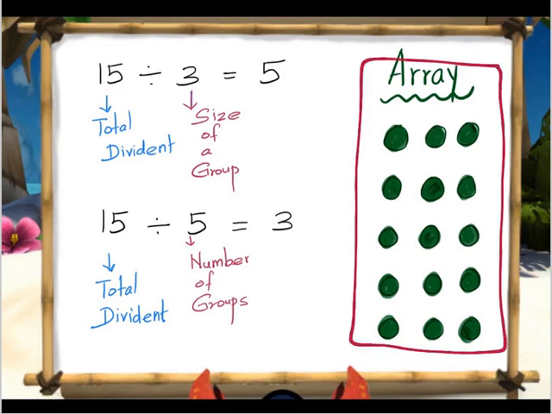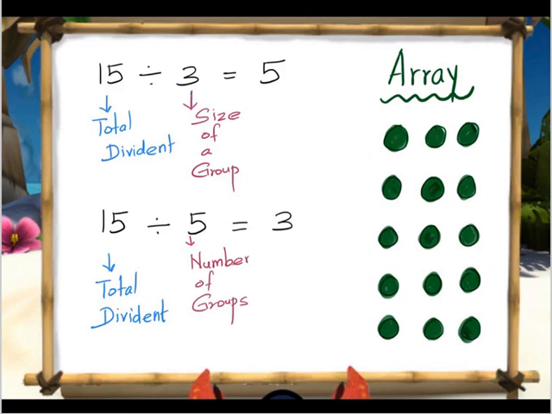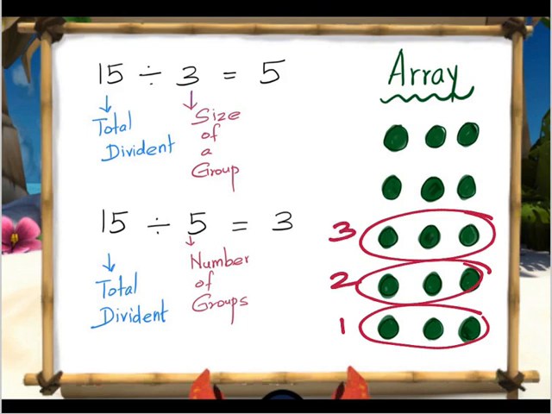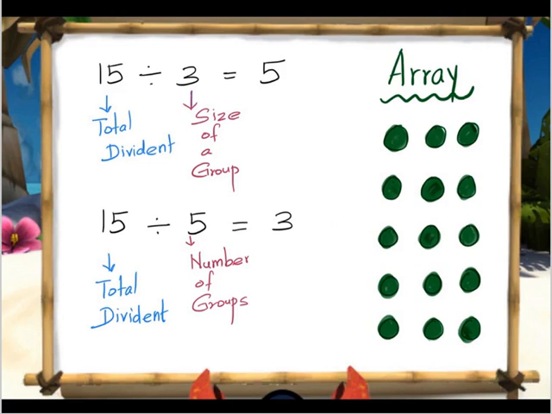If you see this array, the number of groups is 1, 2, 3, 4, 5. There are 5 groups and the size of each group is 3. So this is the size of each group.